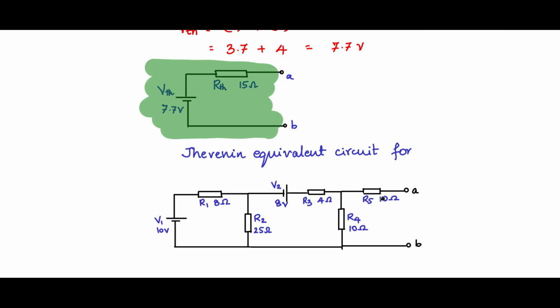For the given circuit, this is the initial circuit we started off with. For this circuit we have found the Thevenin equivalent. So this whole portion of this network, the fixed portion of this network, is replaced with V Thevenin and R Thevenin and brought out to the terminals A and B.